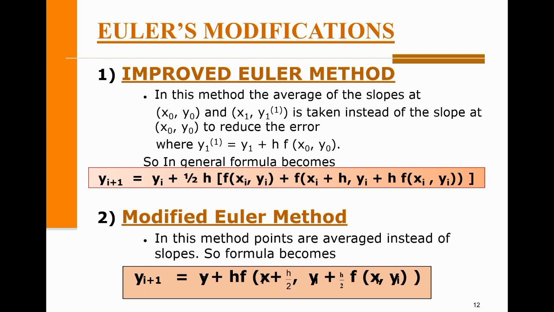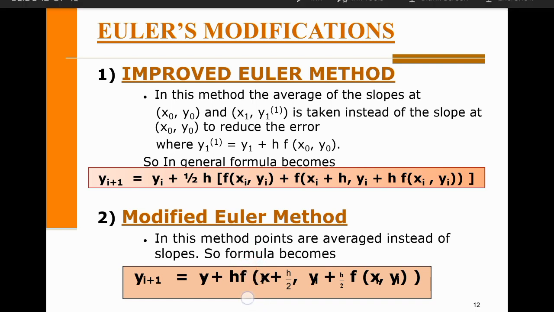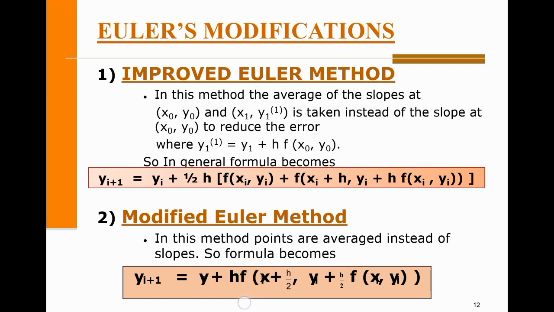But in the modified Euler method, instead of taking the average of slopes, he took the averages of the step sizes. You can see here the step size of x taken to be half, and the step size of y is taken to be half along y.